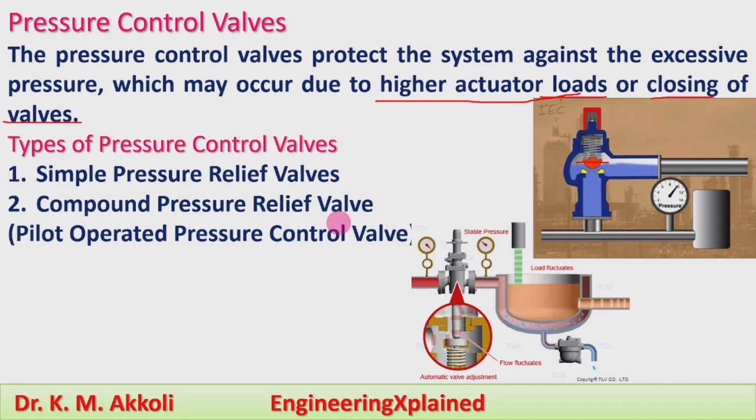The second one, the compound pressure relief valve, is also called a pilot operated pressure control valve. That means whatever pressure is there in the system, that part will be sent to its control. Here we can see the flow taking place in the system, and the pressure will be acting on this one.